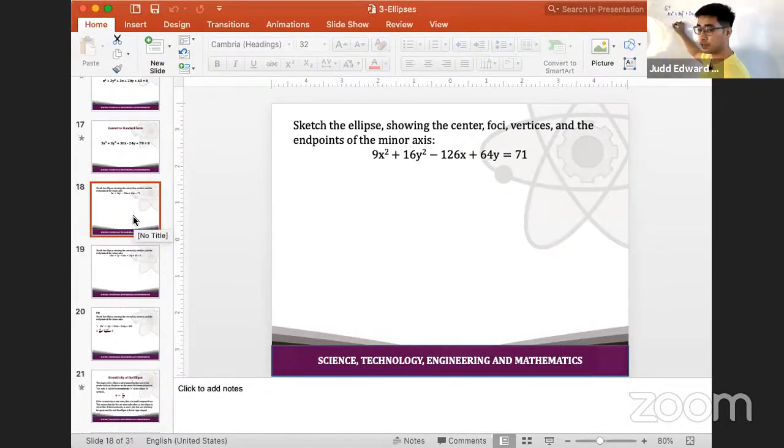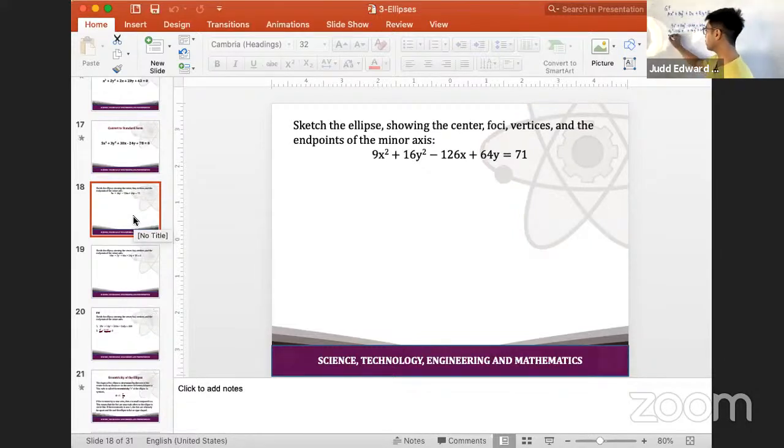So we have here 9x squared plus 16y squared minus 126x plus 64y is equal to 71. Please help me answering this one. So this becomes 9x squared minus 126x plus 16y squared plus 64y is equal to negative 71.